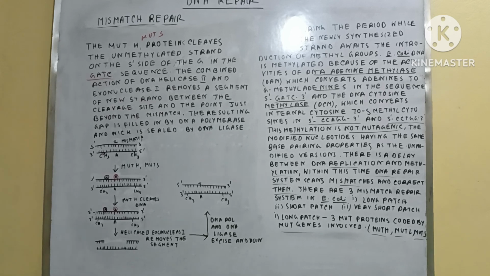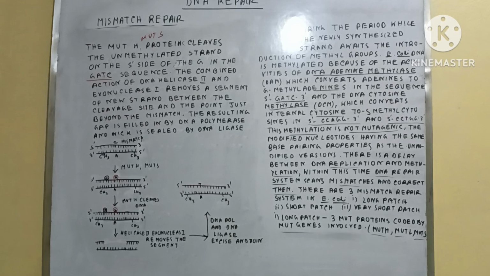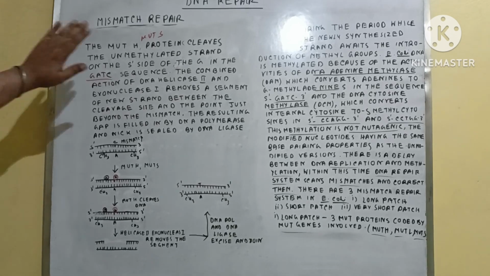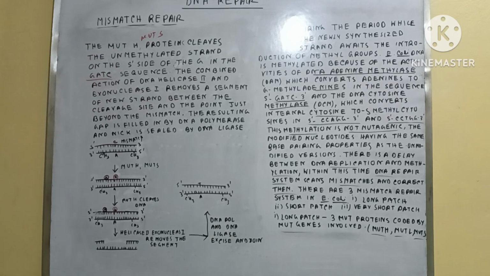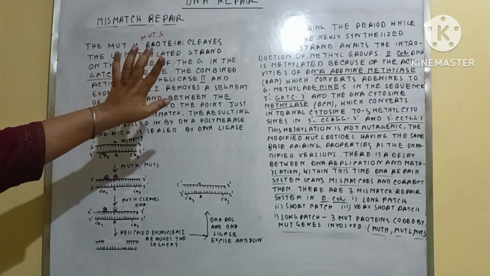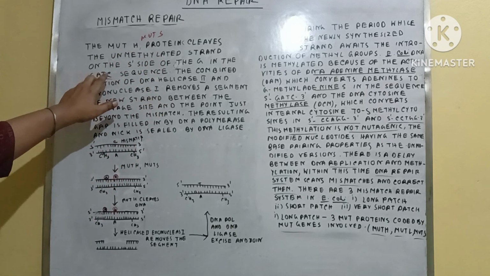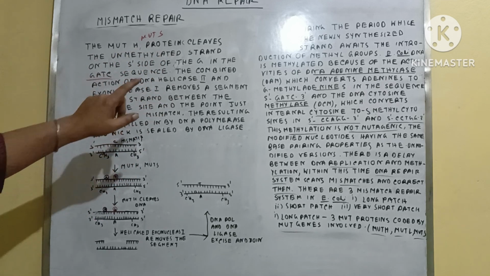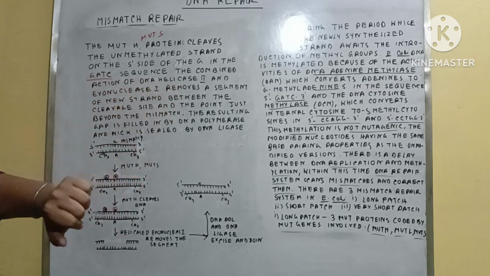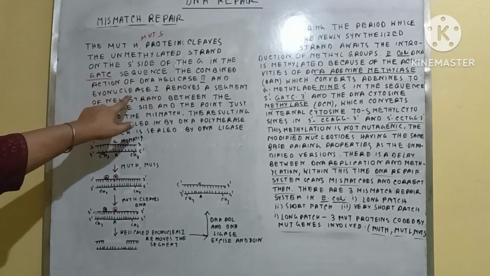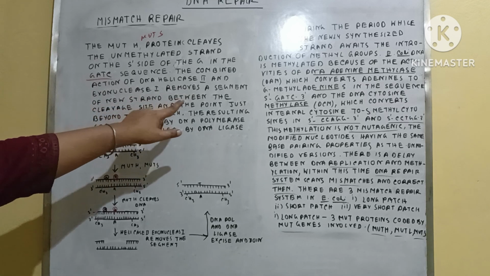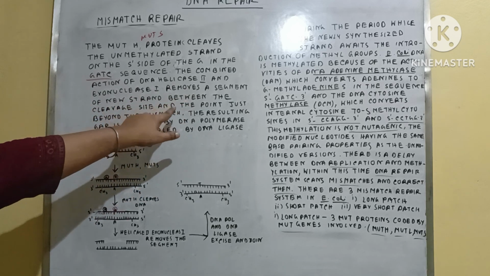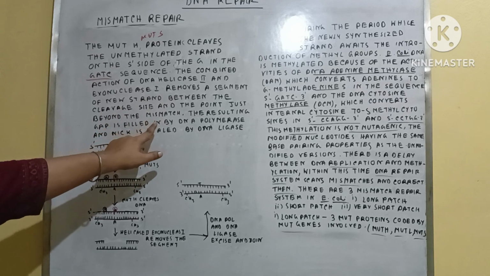So actually the MutS and MutH proteins function combinedly. This cleaves the unmethylated strand at the GATC sequence, and the combined action of DNA helicase 2 and exonuclease 1 removes the segment of the new strand between the cleavage site and the point just beyond the mismatch.